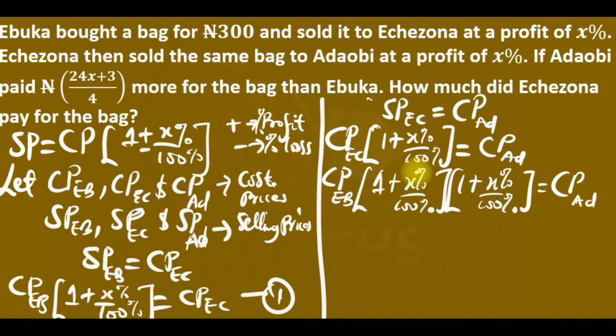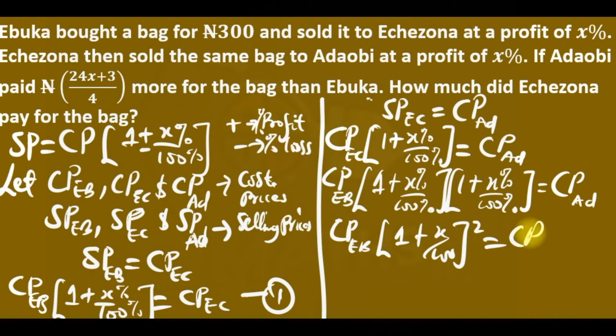Let's reduce this: CP Ebuka times (1 plus x over 100) all squared equals CP Adobe.